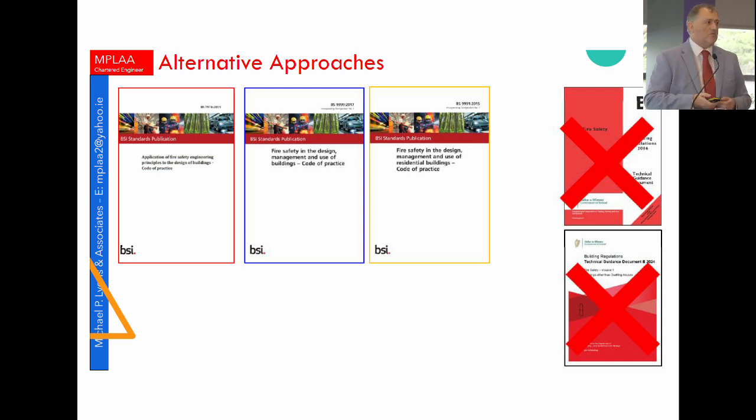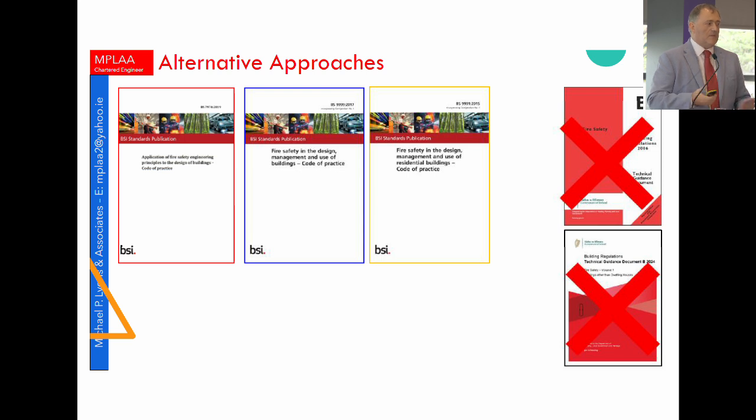The odd person might do it, but I think the new TGDB 2024 is detailed enough to deal with those issues that come up with flats buildings, which will really leave us with the choice of going down 7974 or 9999.